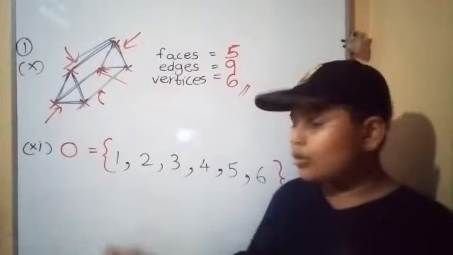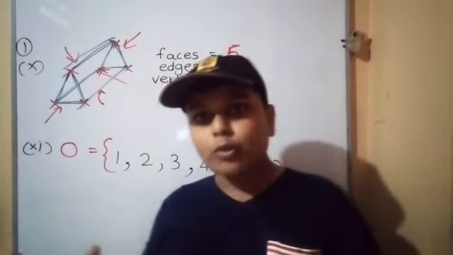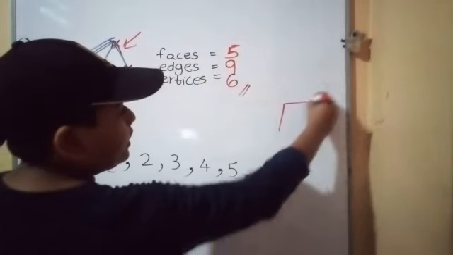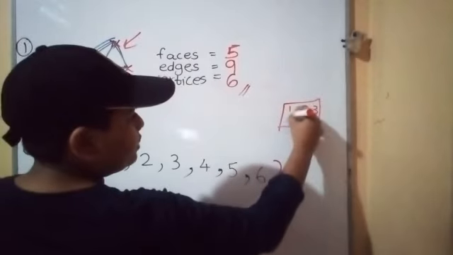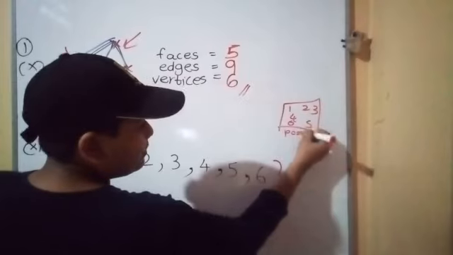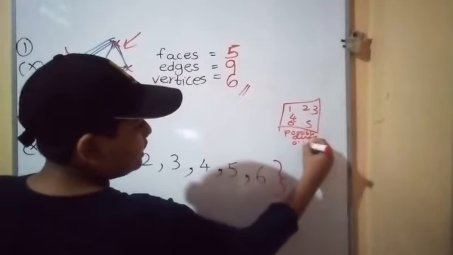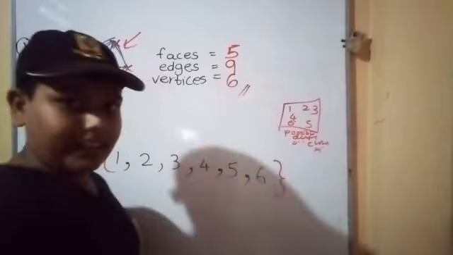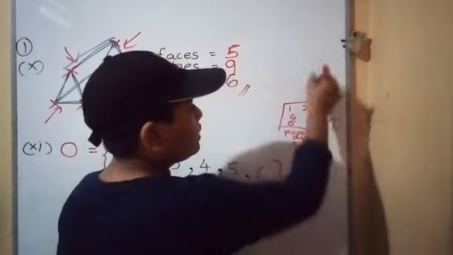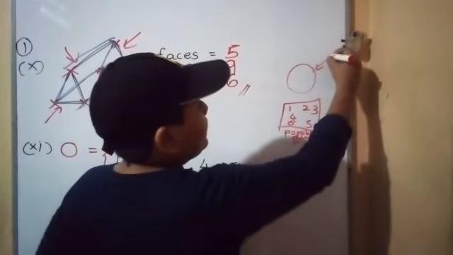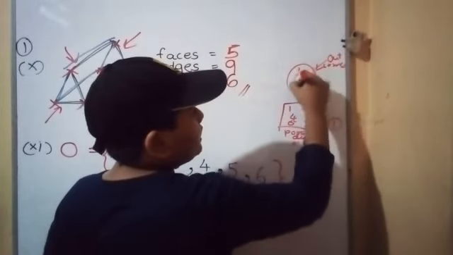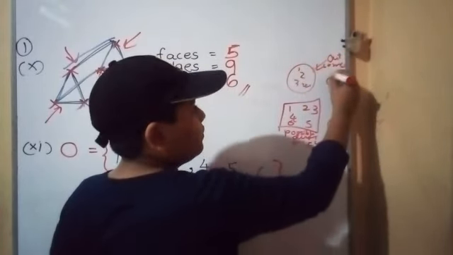But if you write in a Venn diagram or like a group, that means you draw a rectangle like this and 1, 2, 3, 4, 5, 6 and write a group, possible outcomes in cubic die, you get only 1 mark.